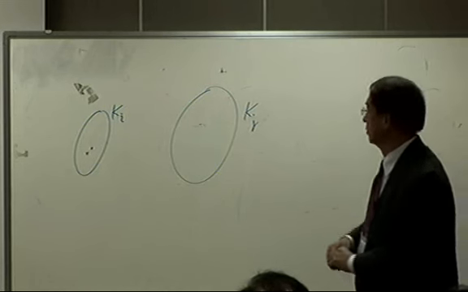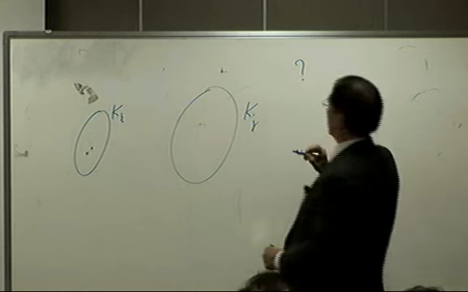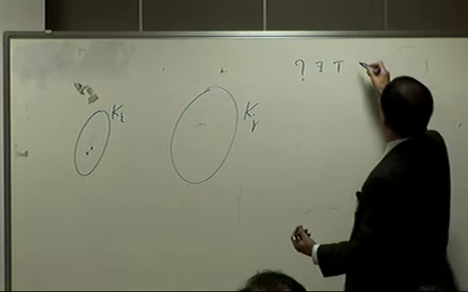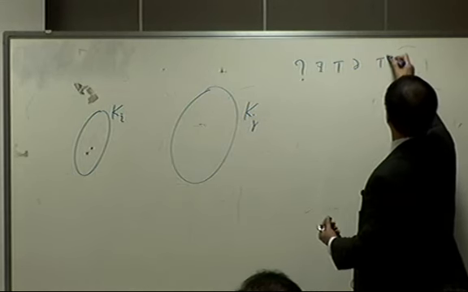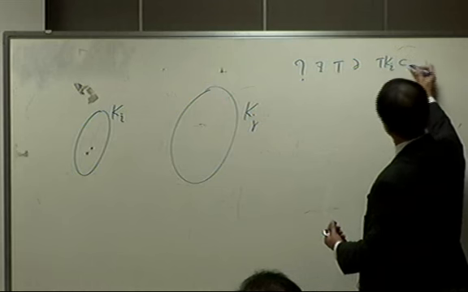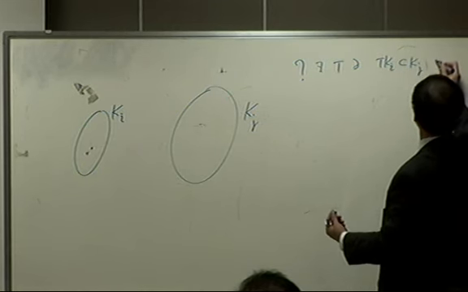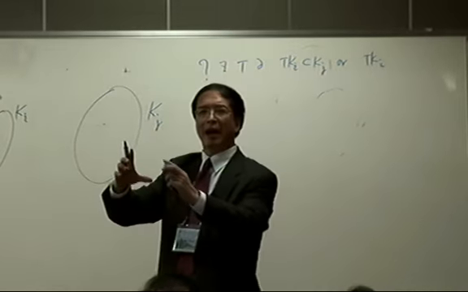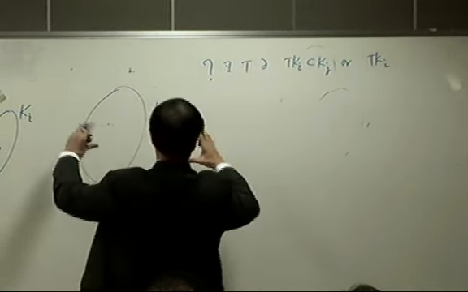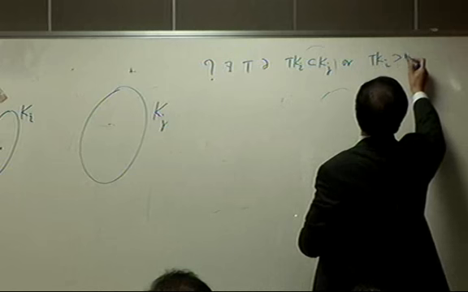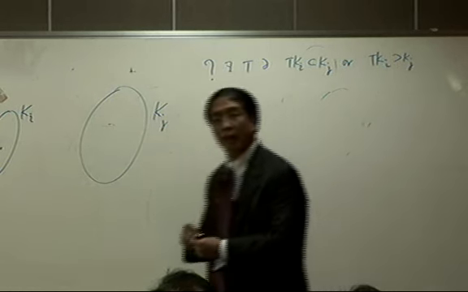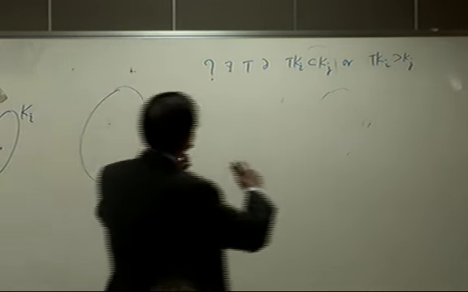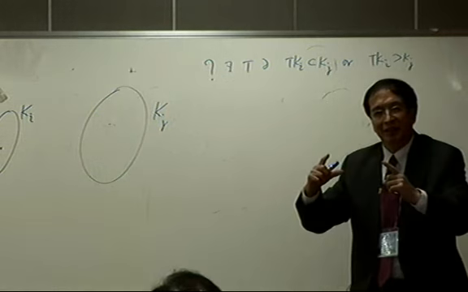If there exists a translation T such that T Ki is contained in Kj, or T Ki, because we don't know, Ki may be big, so it may also contain Kj. In other words, a translation and a dilation.